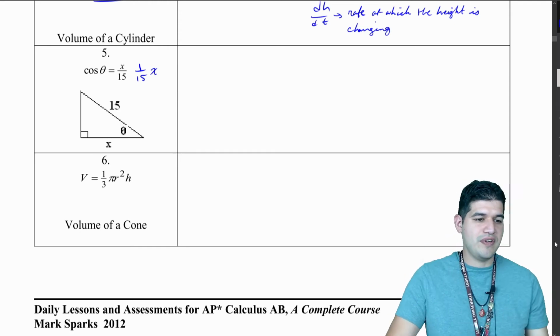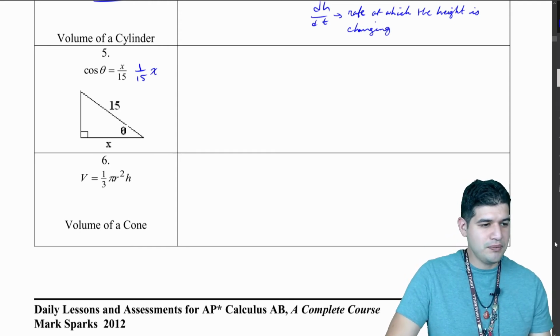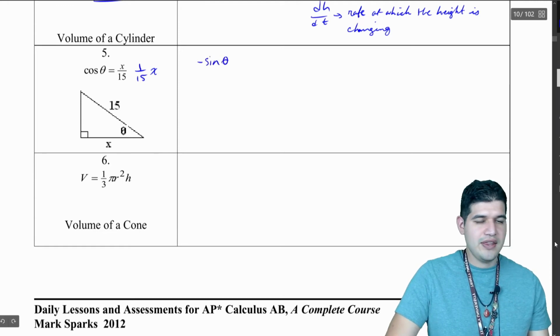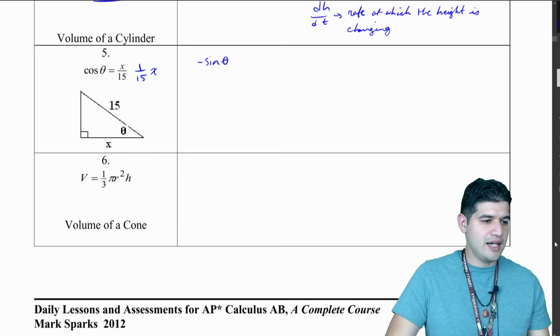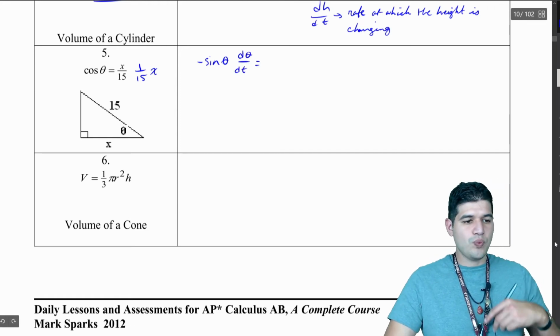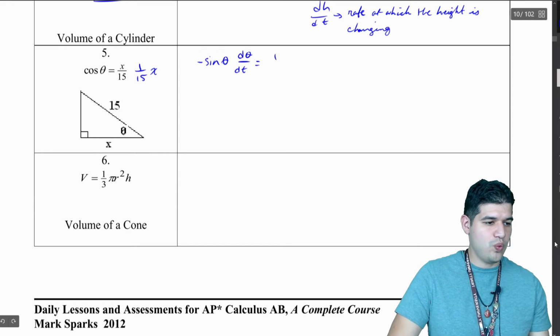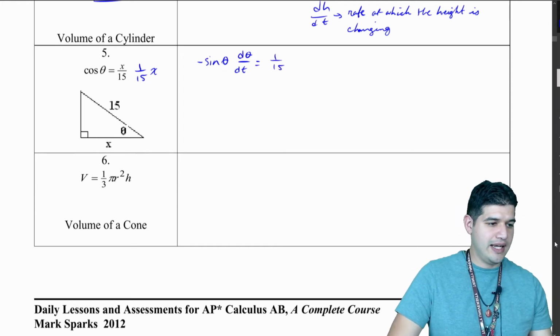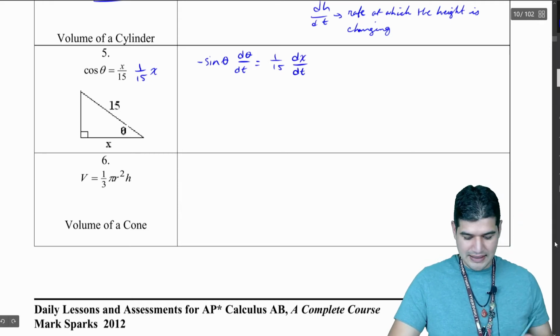So what's the derivative of cosine of theta? Well, that's going to get us first negative sine theta, and then the derivative of theta is going to be d theta/dt. And what is that going to get us? Well, that's going to get us 1/15 dx/dt. Again, because we're not going with respect to x, we're going with respect to time.